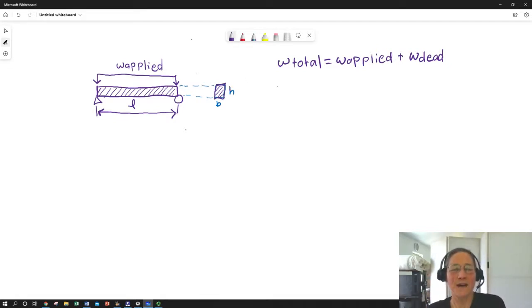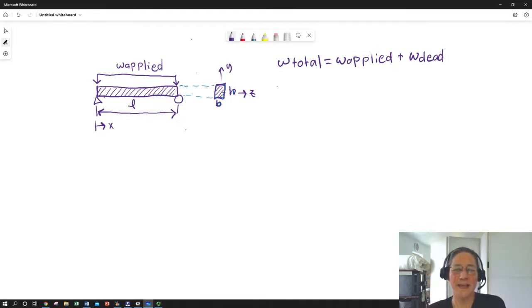The beam's going to have a cross-section height, and for those of you hopefully familiar with our shear and longitudinal stress analysis, H is going to be that dimension in what we typically call the Y direction of the cross-section, and B, our width, is the dimension of the cross-section in the Z direction. And so we're going to assume X is our orthogonal direction that denotes the position along the length of the beam.